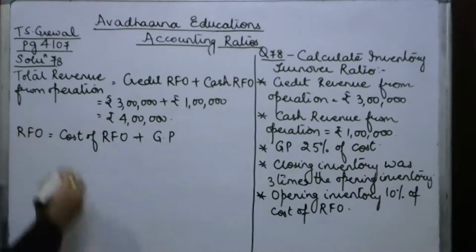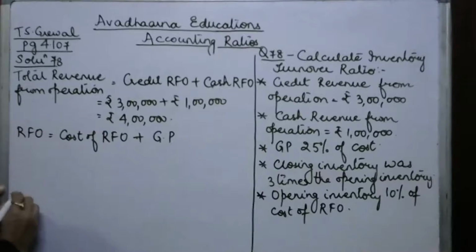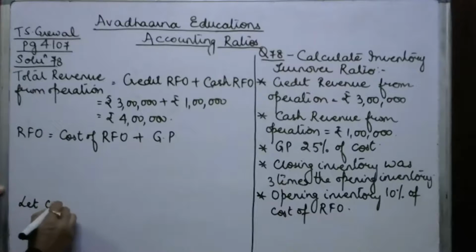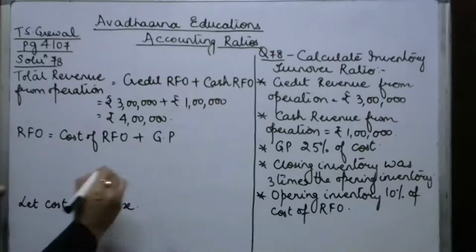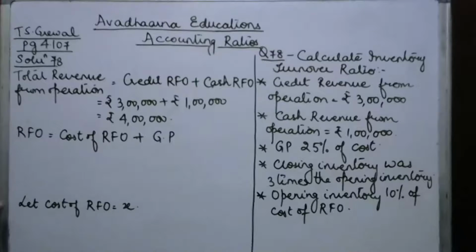So let me write it over here. Let cost of revenue from operation be X. If cost of revenue from operation is X, then gross profit, according to the question, is 25% of cost.